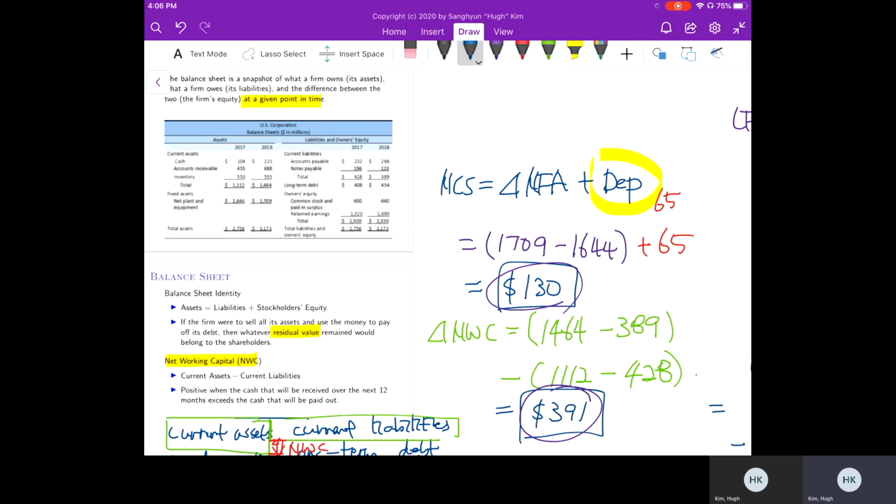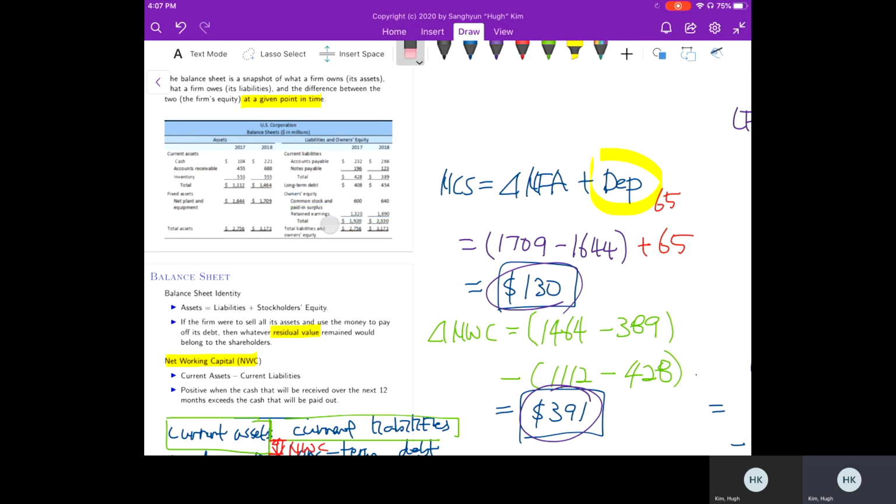Total equity changes because the firm may issue new equity, and also because the firm adds retained earnings.